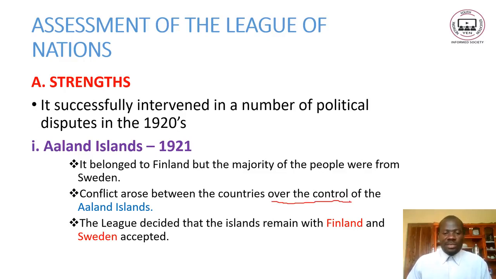Ownership was the problem there. It belonged to Finland, but the people were Swedish. Now, the League decided that these islands remain with Finland, and Sweden accepted that ruling of the League of Nations. So the League registered a success there.